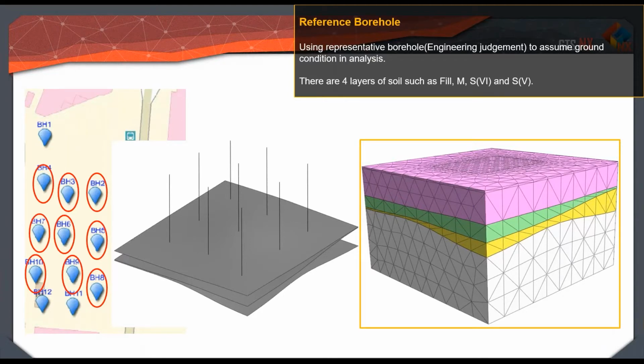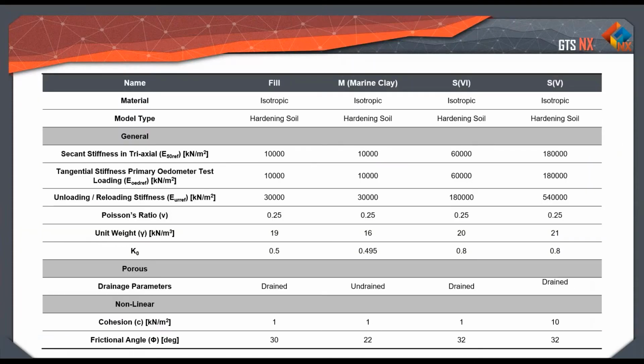And this is the bedding plane function, which is provided by the GTS NX program. And I will use 9 boreholes, as you can see there. And there are soil properties, as you can see on the screen.